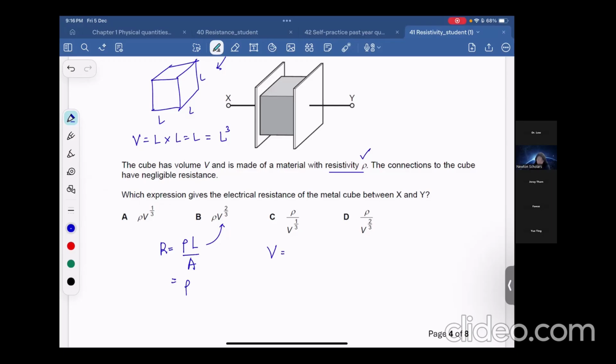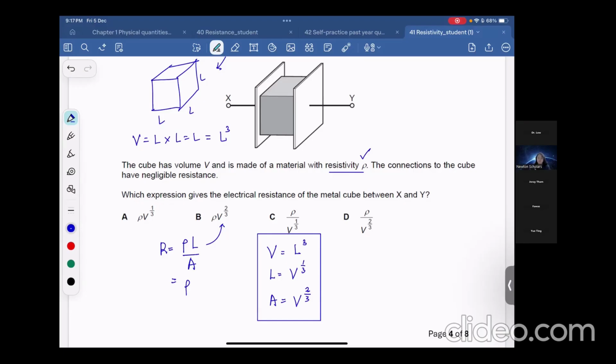V is equal to L cubed, so L is actually V to the power of 1 over 3. If area is length times length, it will be volume to the power of 2 over 3. Do you agree with this part? What is your L in terms of V?